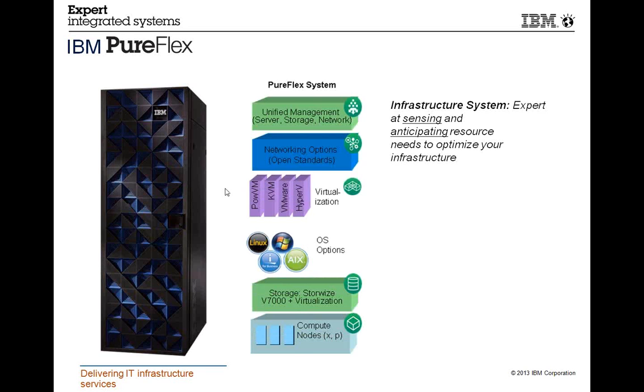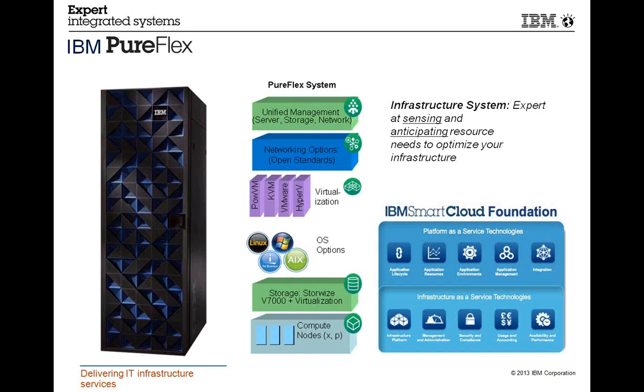So moving on, PureFlex is essentially a concept of taking compute, virtualizing that, taking storage, virtualizing that, taking the network, virtualizing that as well, and doing it across four different hypervisors: a Unix hypervisor by IBM called PowerVM, VMware from VMware, Hyper-V from Microsoft, and KVM, which is from Red Hat but belongs to the overall open source community.